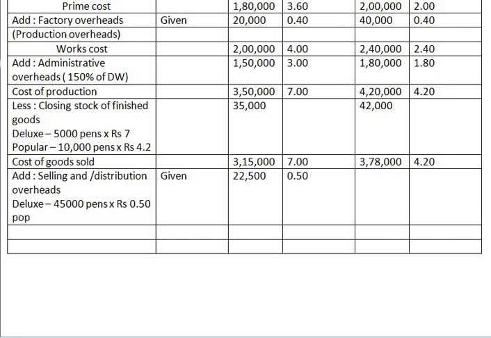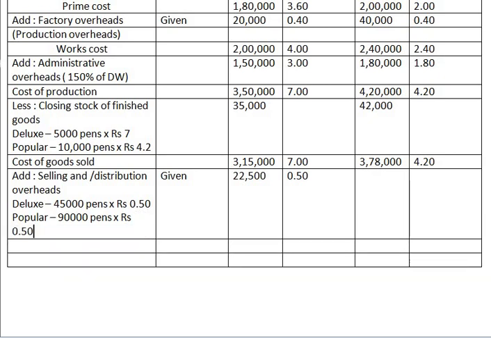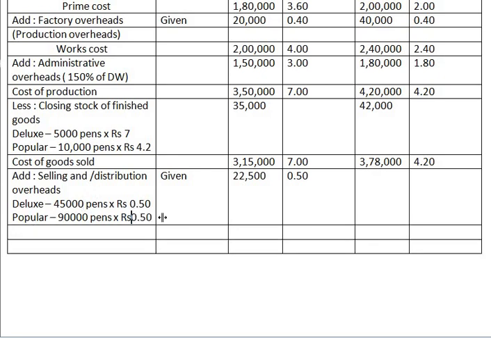Okay, and here popular, how many pens are sold? 90,000 pens into rupees 0.50. Okay, now here 90,000 into 0.50 is 45,000. Okay, this is 0.50.